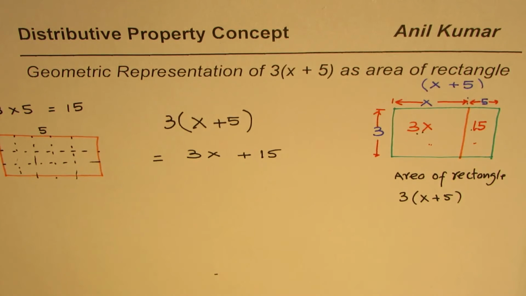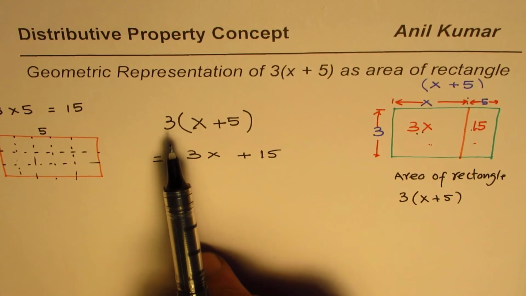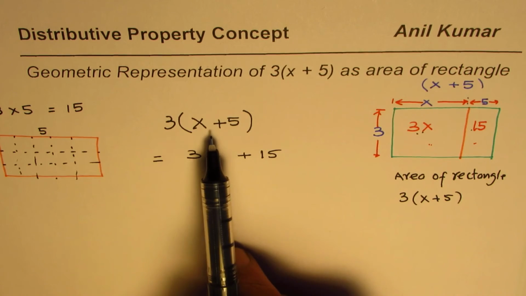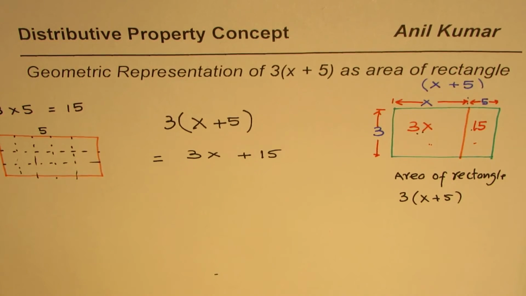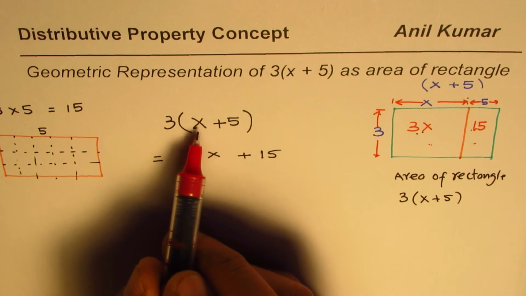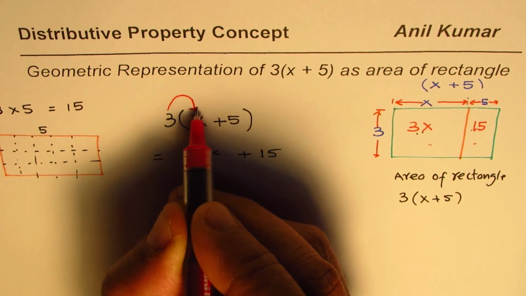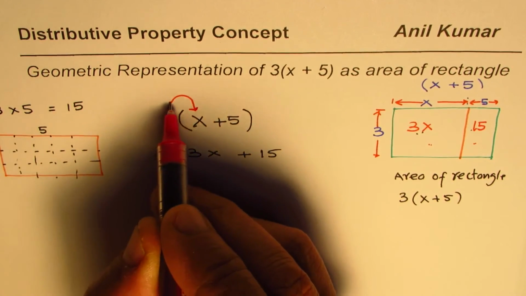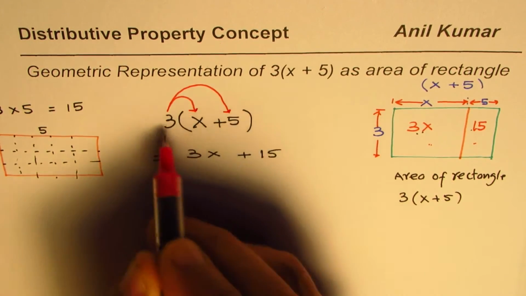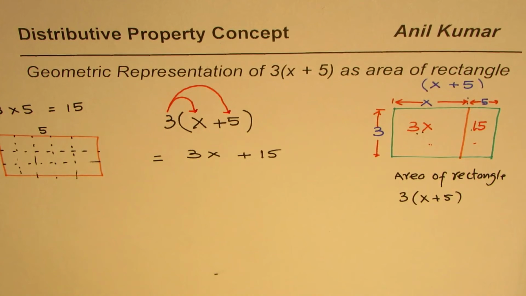That is how we can find the product of a number with a polynomial, right? This property is also called the distributive property. You're multiplying all the terms inside this bracket by the number outside. So you multiply x by 3 and then add 3 times 5, right? That is called the distributive property.